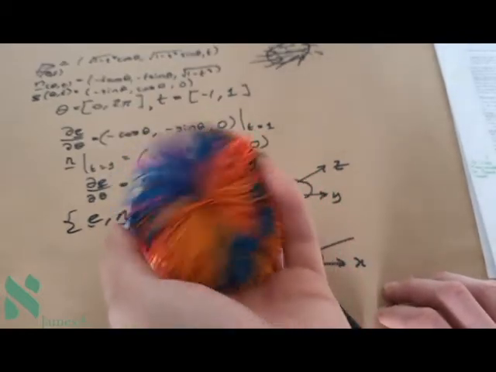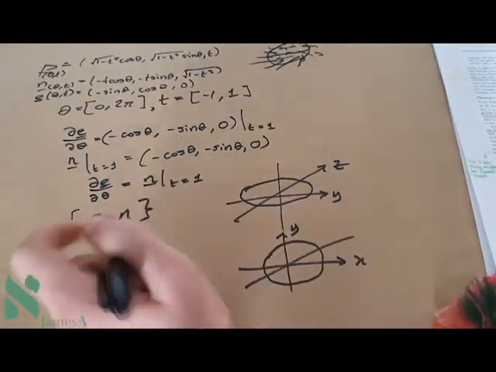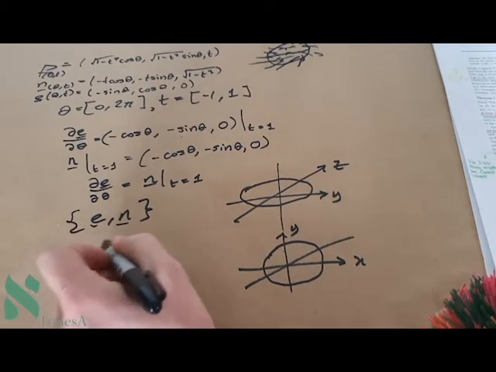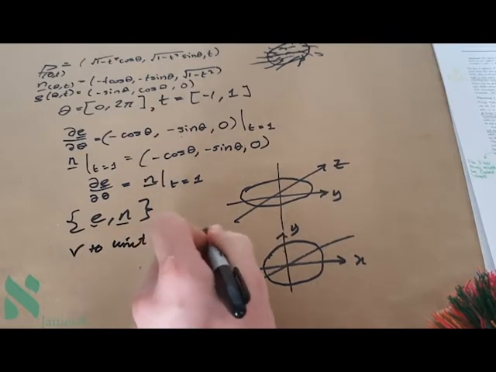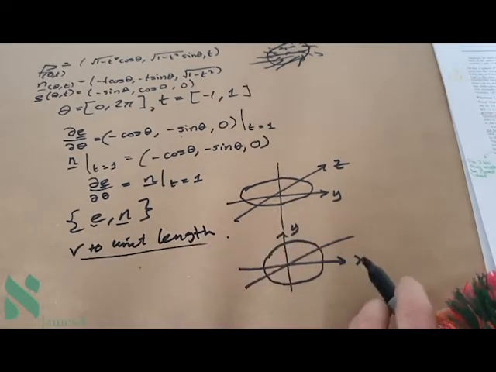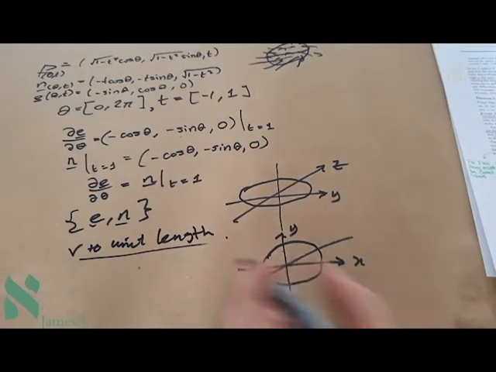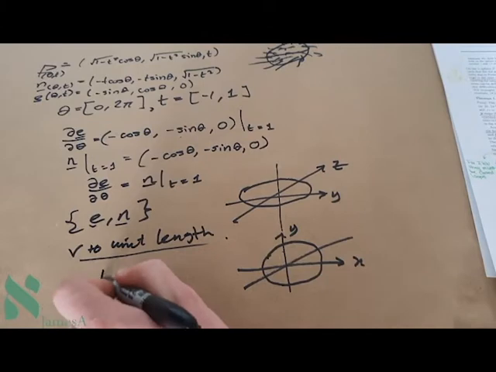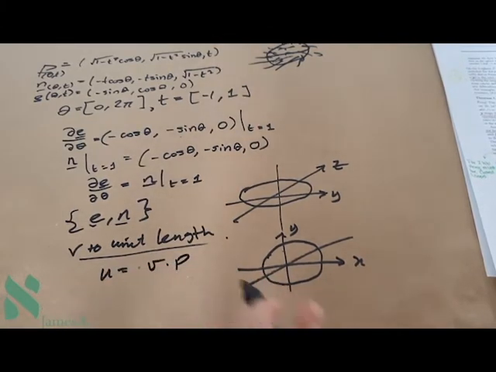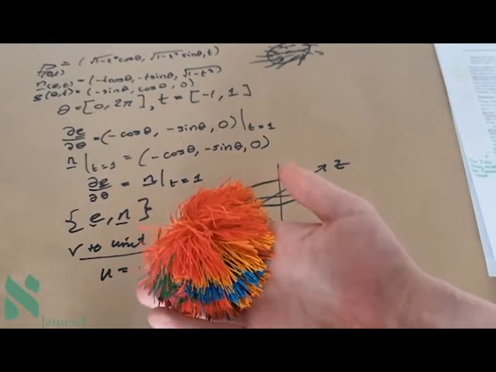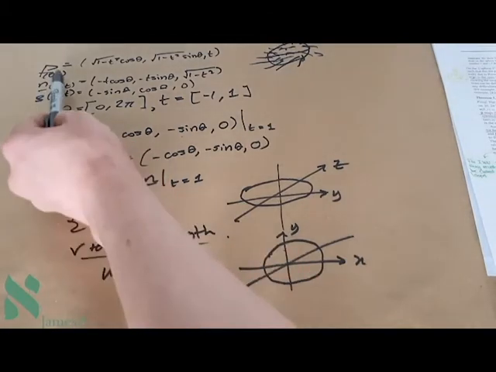So now we can take the vector field, which we shall call V, to have unit length. This is very important. It makes calculations easier, and we'll define another vector called u, and that is V dot P. So you dot every vector on this vector field with the P, which is this.